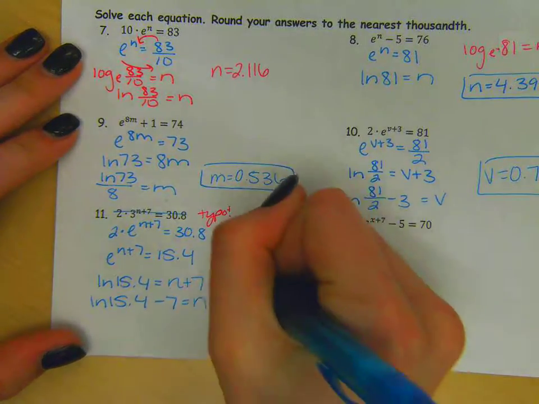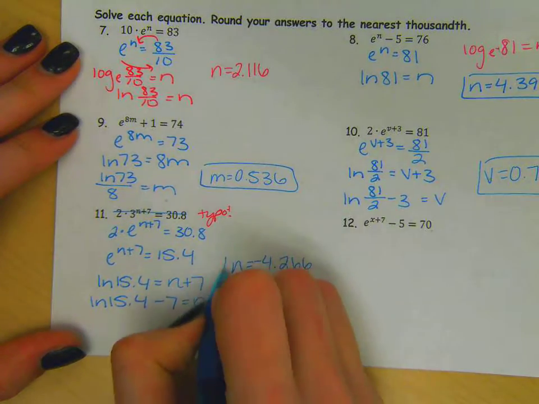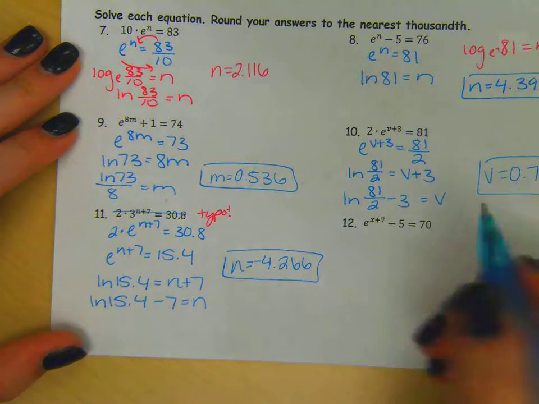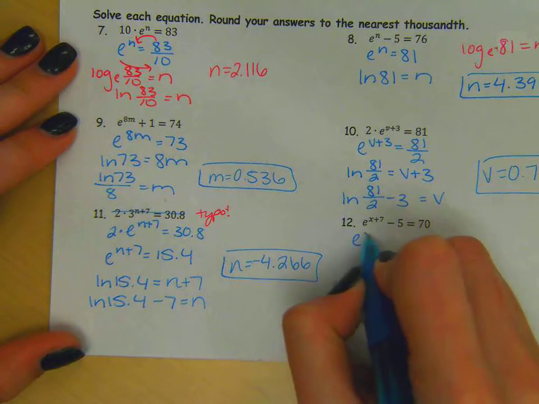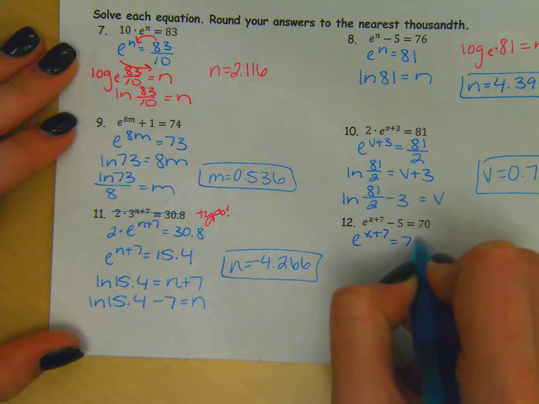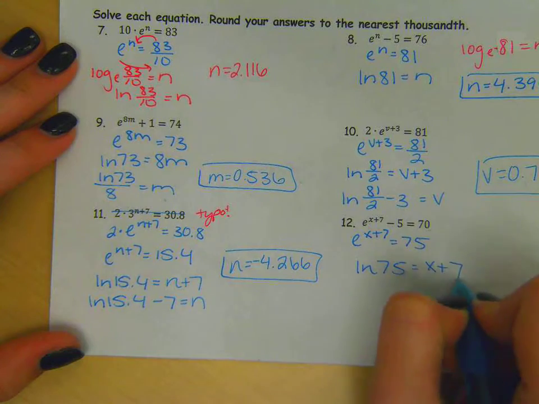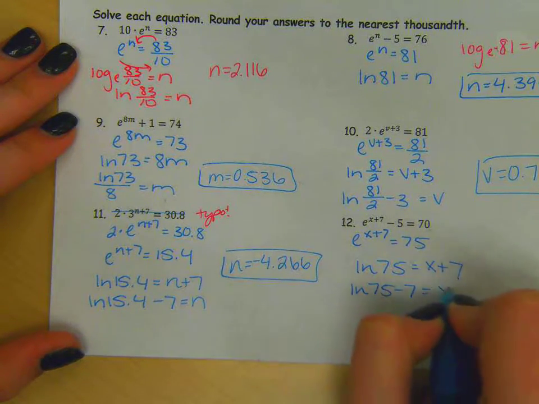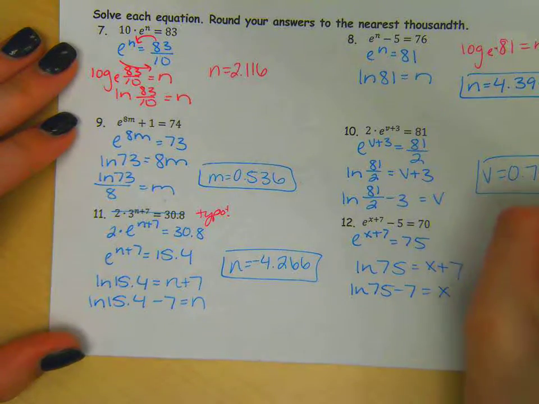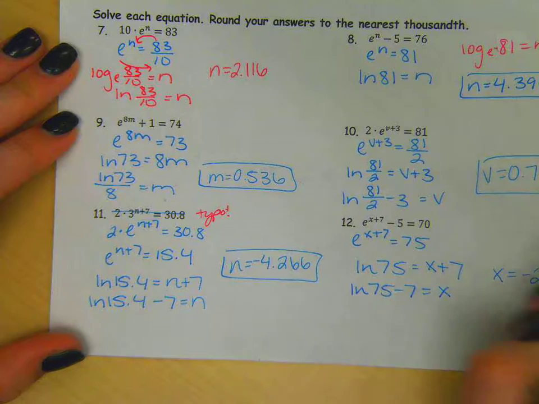So again, the correct answer is negative 4.266. And then one final one, to get the exponential portion by itself, add 5 to both sides. e to the x plus 7 equals 75. The natural log of 75 equals x plus 7. Natural log of 75, subtract 7 from both sides equals x. Plug that into your calculator and get negative 2.683 as your final answer.